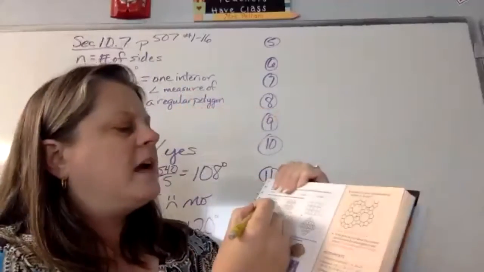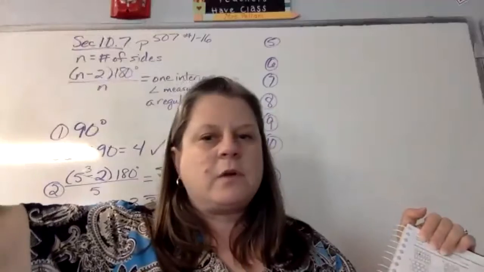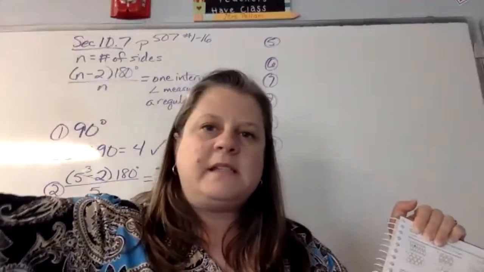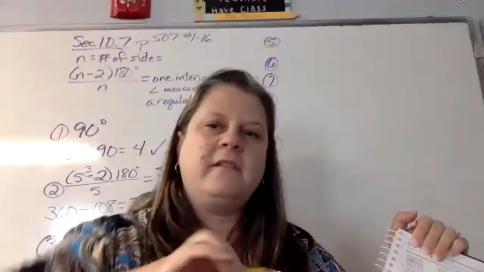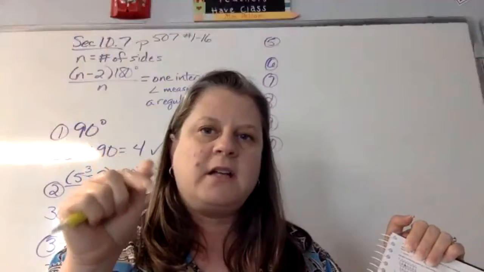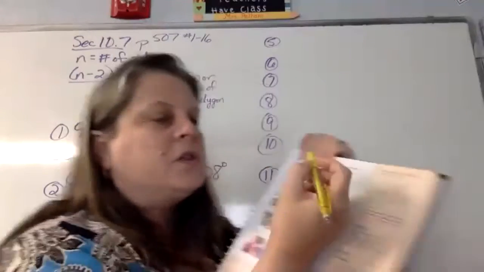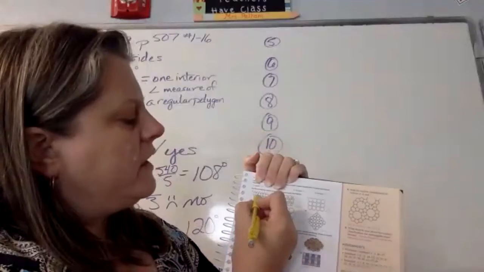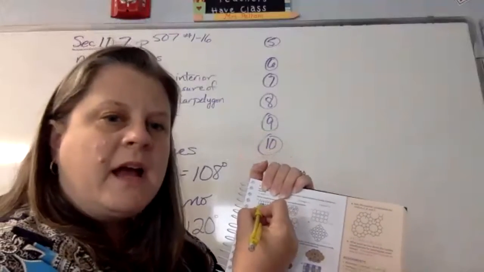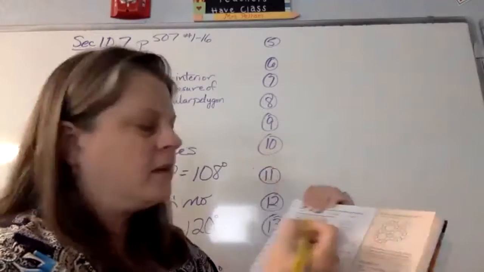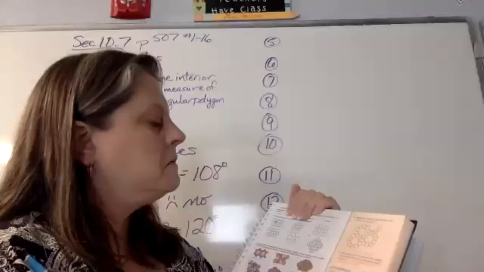Then I start at the top left corner and I count how many sides each of the polygons have that touch at that vertex. And that's how I get my numbers. So my first thing here to the left is a square. How many sides does a square have? 4.